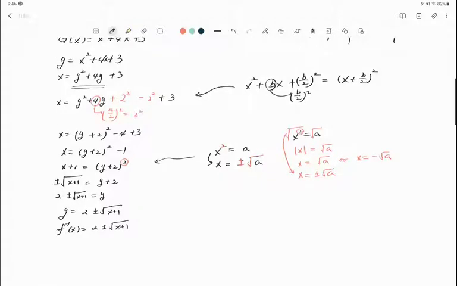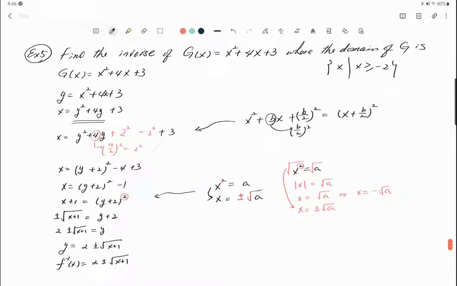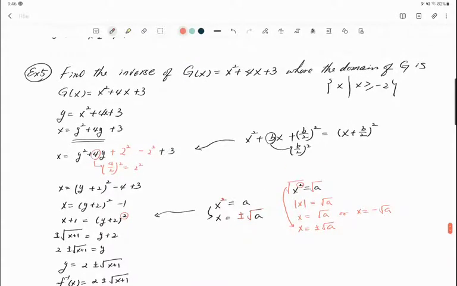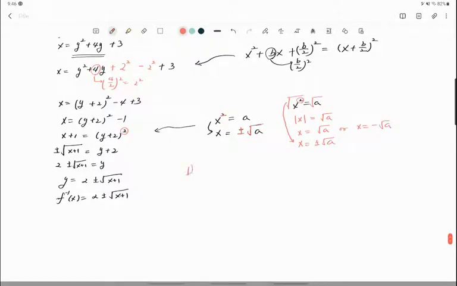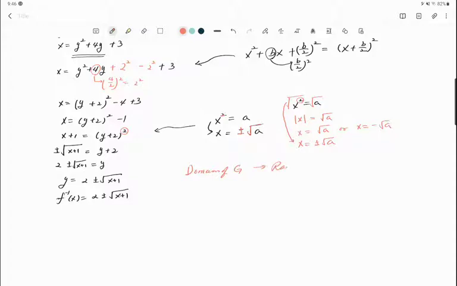All right. Now, look at this. The domain. The domain of g is this. Let's recall this one. The domain of g will be the range of the inverse.